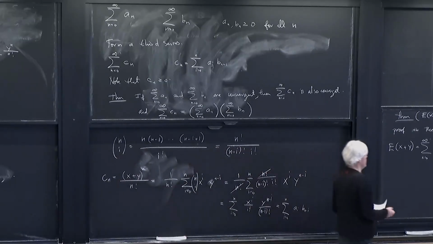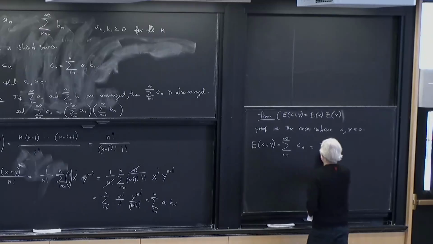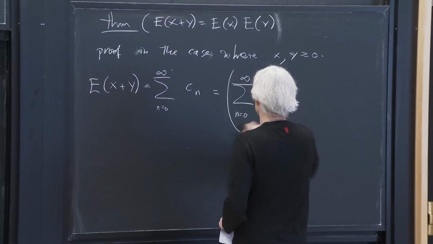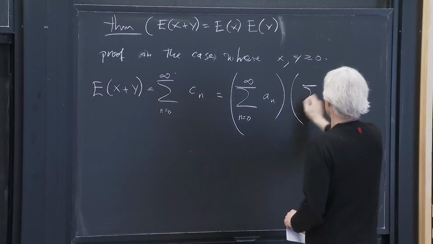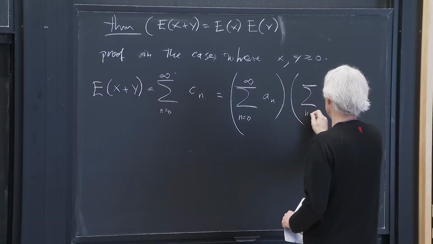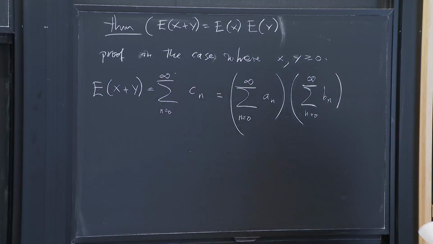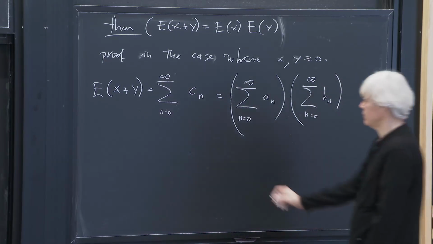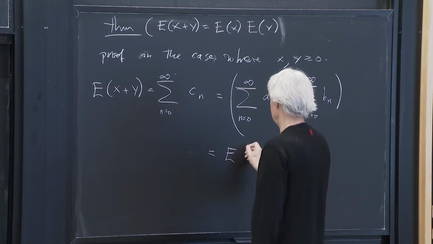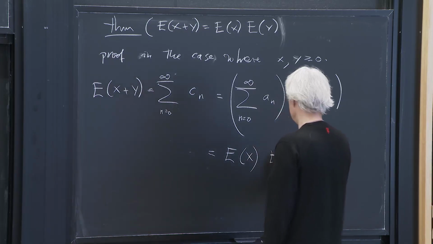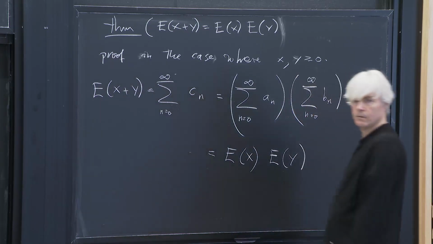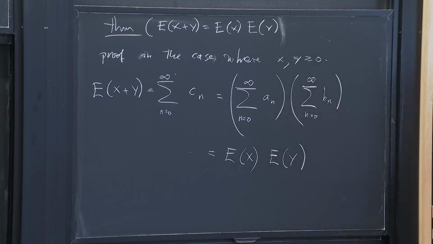But this means that it must be the product of the two, the product of the two infinite sums, like that. But this thing here is, of course, just e^x, and this is just e^y. Right, so this proved it.